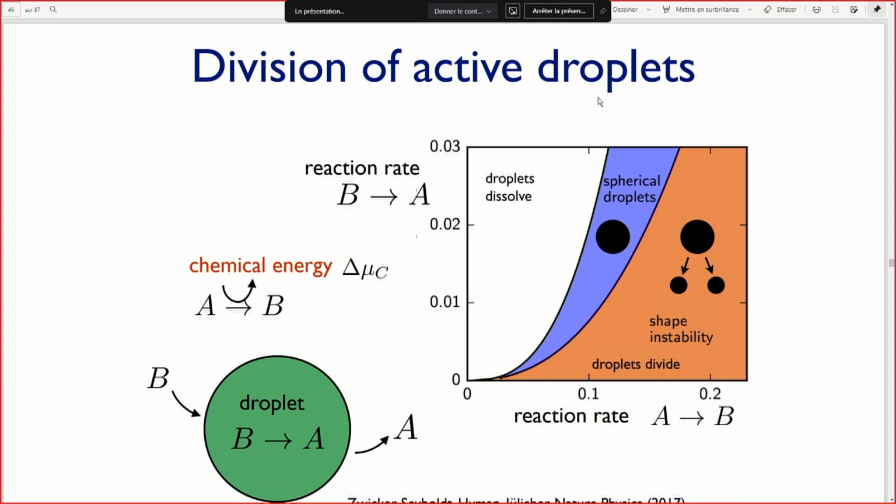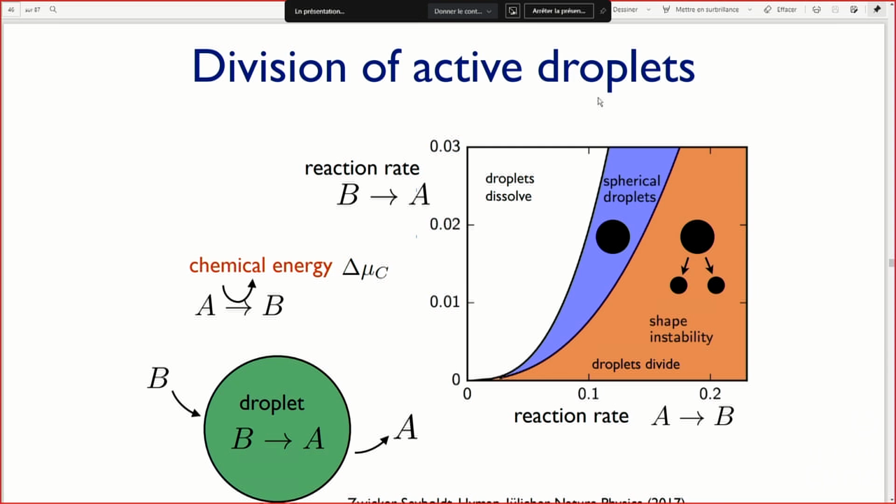And this is sort of a state diagram, so we have a binary system, A and B. Inside, the direction B to A dominates, outside the direction A to B dominates. There are parameters governing those two reactions. They have broken detailed balance to maintain the system out of equilibrium.